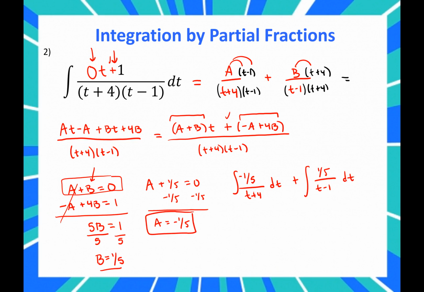And if you want, you can take those fractions and put them out in front, but I think we know that we're just going to have that number out in front anyway. So I'm just going to write it as negative 1/5 ln, this would be absolute value of t plus 4. And then I'm going to have that 1/5 come out in front, ln of t minus 1. Don't forget your plus c, and we are done.